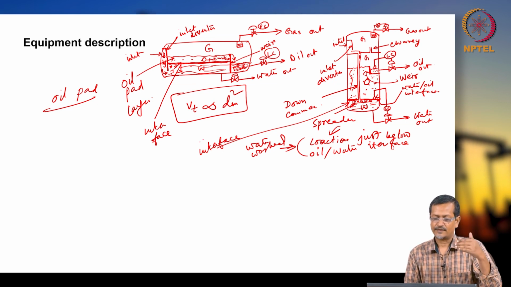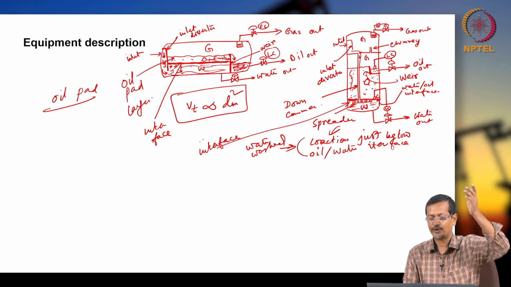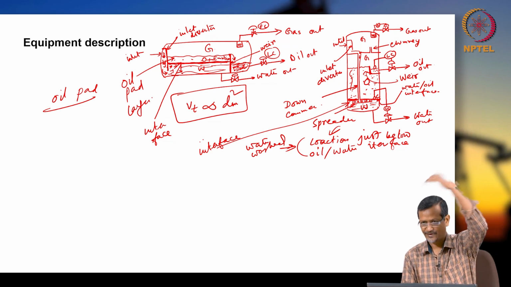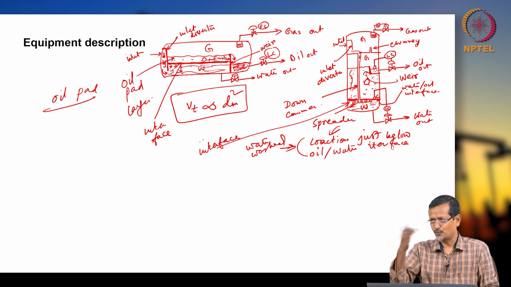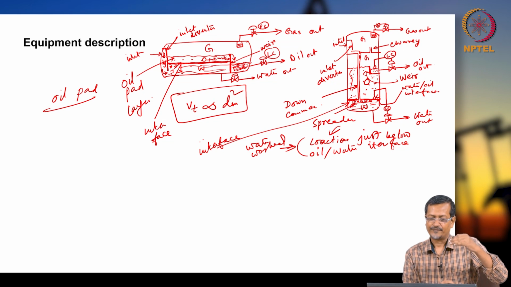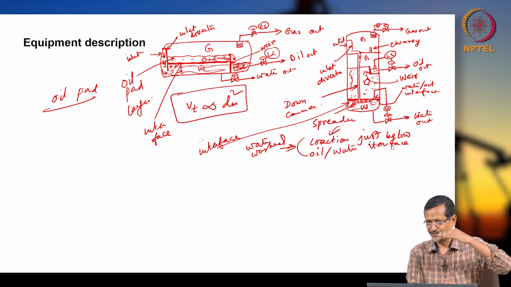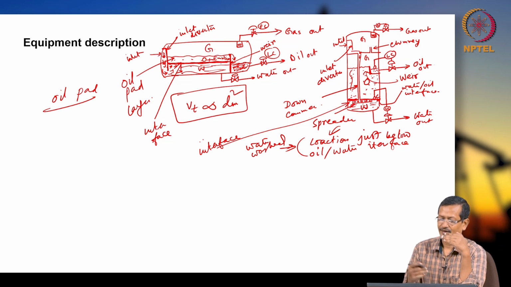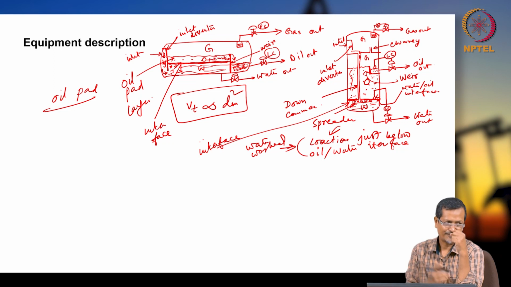This oil water interface area is very important, because if the interface is moving up very high, then the water level will cross the weir, so the oil outlet will get lots of water. Again, if the oil level is very much lower, then after a certain time the oil outlet will get lots of gas. So you have to maintain that properly.